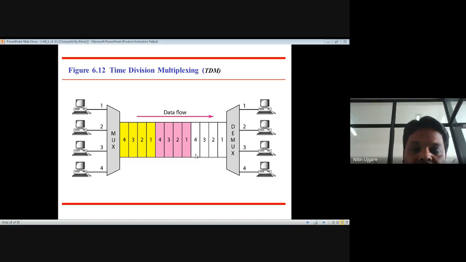So in the first time frame, the first slot will be used by the first channel. The second slot in the first time frame will be used by the second channel, and so on. And the same is repeated for the second time frame and then for the third time frame.